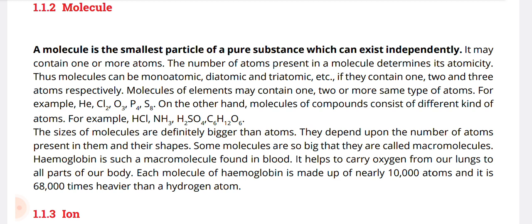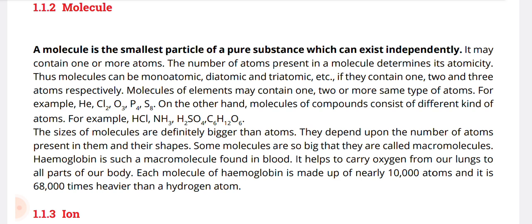Molecules of an element may contain 1, 2, or more atoms of the same type. For example, helium, chlorine, oxygen molecule, phosphorus, and sulfur. On the other hand, a molecule of a compound consists of different kinds of atoms.